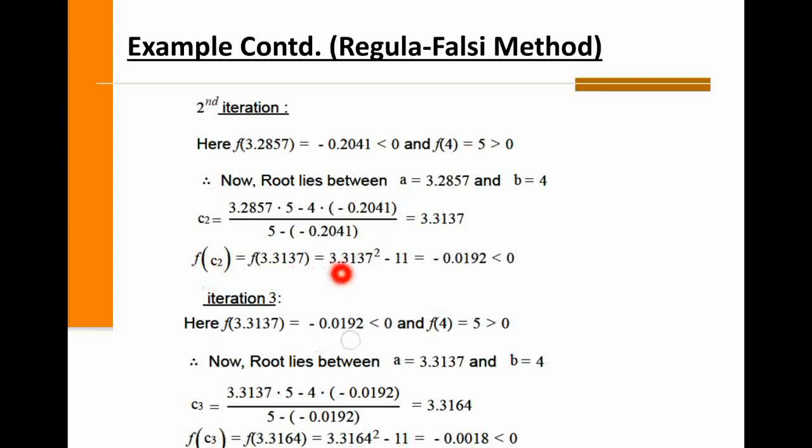Now again f of C2 is negative. What to do? Again replace the previous negative value. The previous negative value is 3.2857, so replace 3.2857 with 3.3137. So my new bracket is 3.3137 and 4, right? So again find C3 and so on.